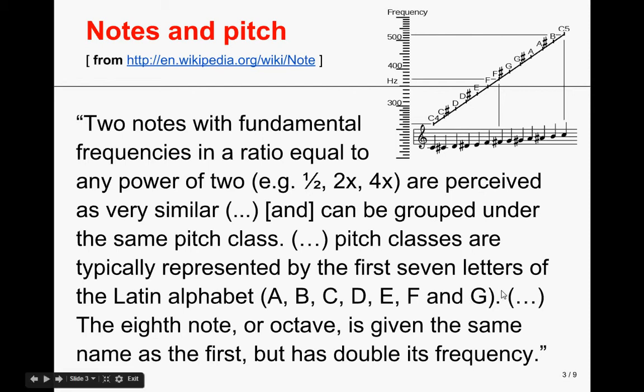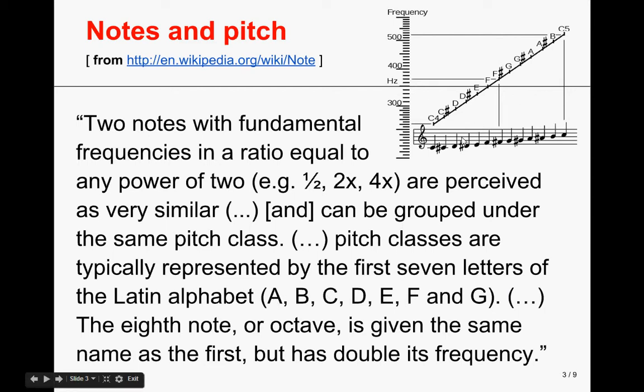Actually, the 8th note, which would correspond to the same name as the first, will have double its frequency, so again it will be perceived in the same manner as the first in this group.